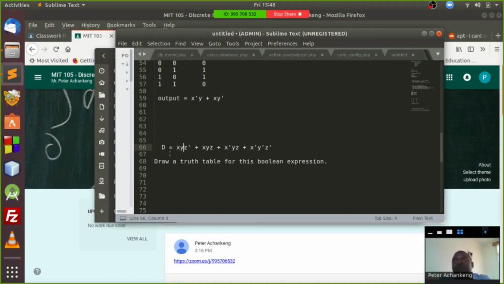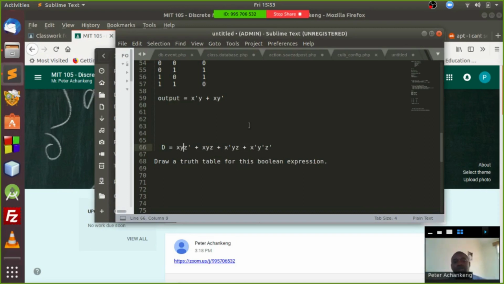That's the contribution of the first term. When x, y, and z are all 1, the output should be 1. When x is 0, y is 1, and z is 1, the output should be 1. And when x is 0, y is 0, and z is 0, the output should be 1. Alright? So that's what you do, and if you do that, you get the output.